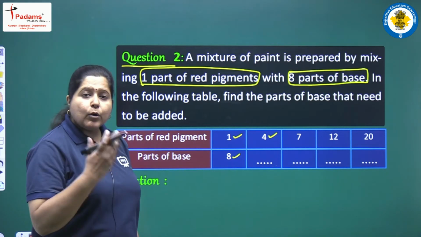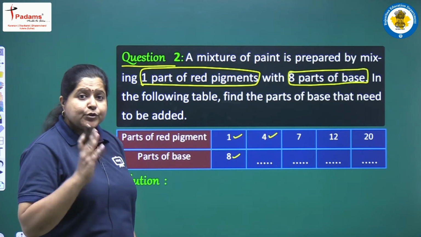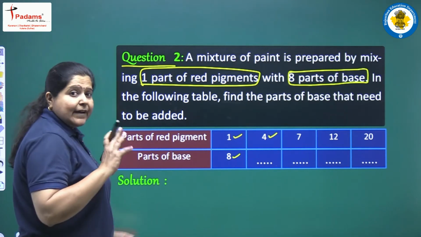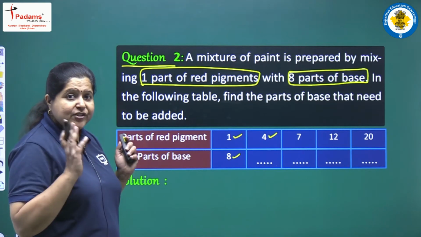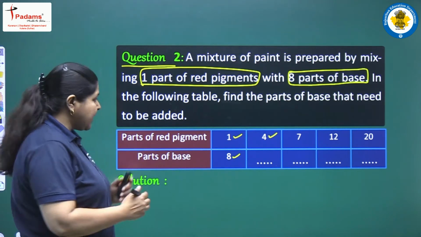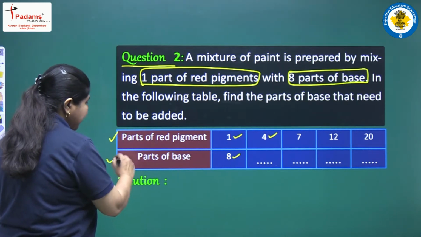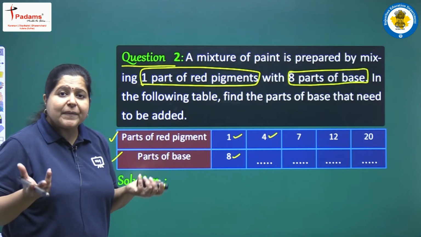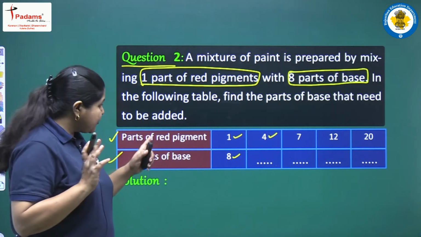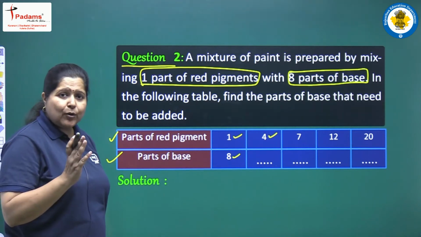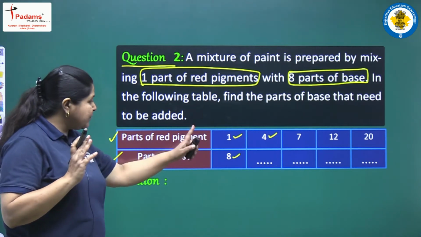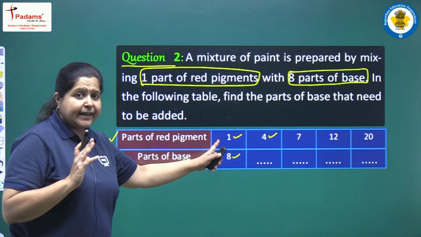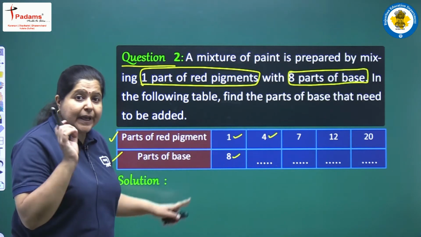Now here it is obvious that as the parts of red pigment are increased, the parts of base will also be increased, and the ratio should be the same, because otherwise the color will change. जो mixture चाहिए हमें पेंट का, अगर उसमें हमने red pigment और base का ratio change कर दिया, तो mixture का color अपने आप change हो जाएगा. तो यहाँ ratio same ही लेना होगा, और ऐसे में अगर हम रेड पिगमेंट का एक पार्ट ले रहे हैं तो उसका 8 टाइम्स है बेस का पार्ट.